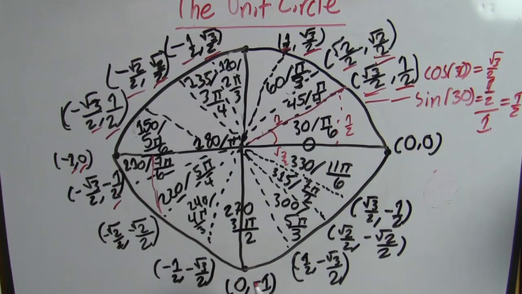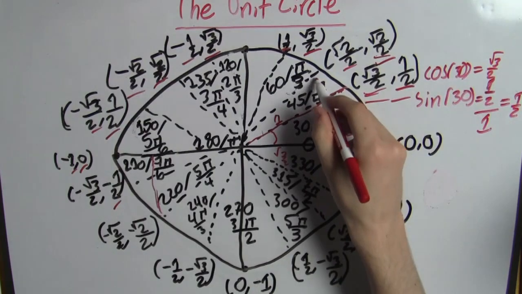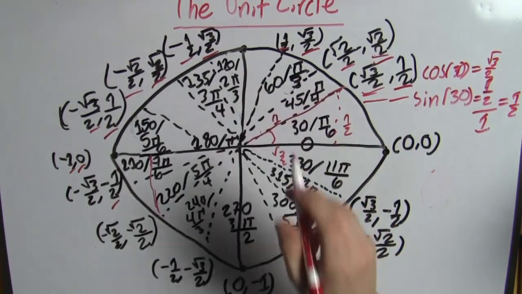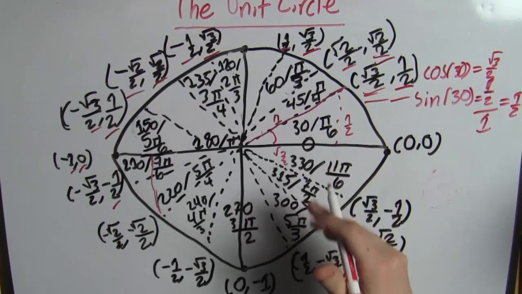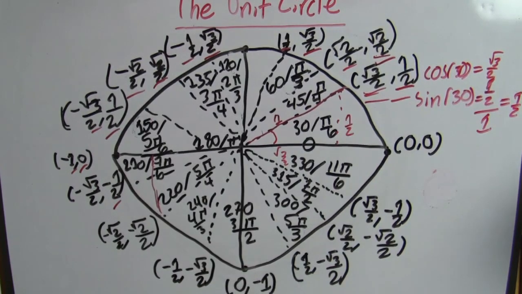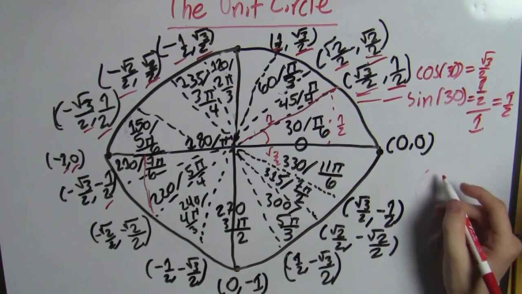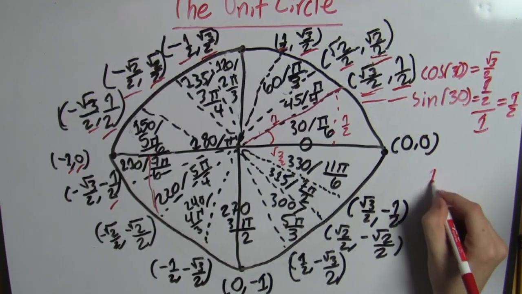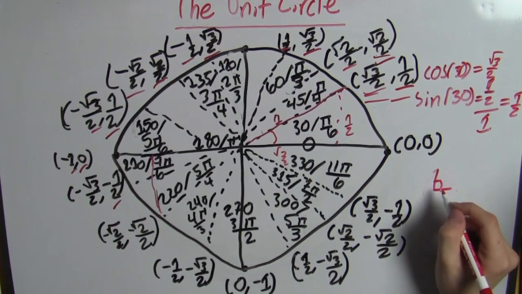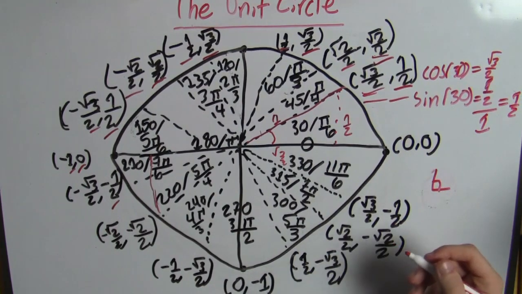But with all that said, why do we have all these little slashes? What are these? This is another big thing that you might see with the unit circle, and that's called radians. Radians are another unit of measuring angles. So just like you can say an angle is 90 degrees, you can say it's pi/2 radians.